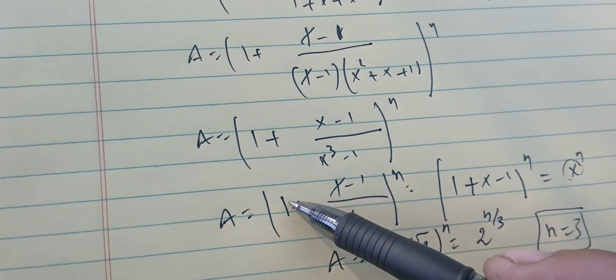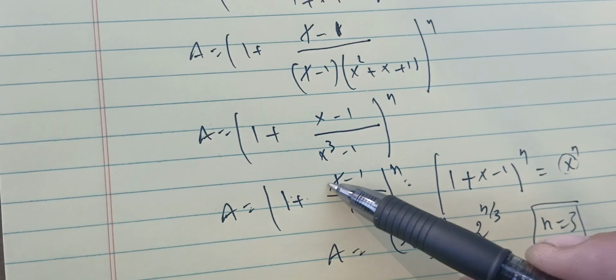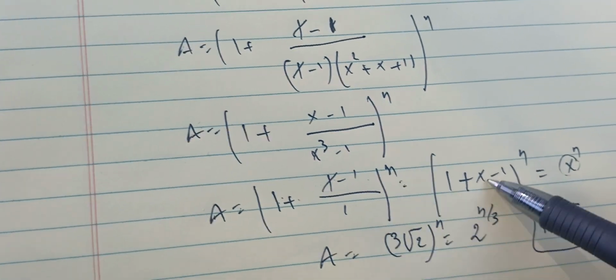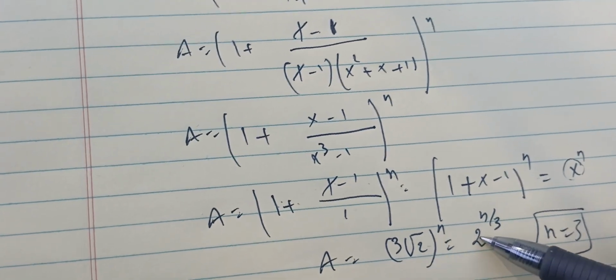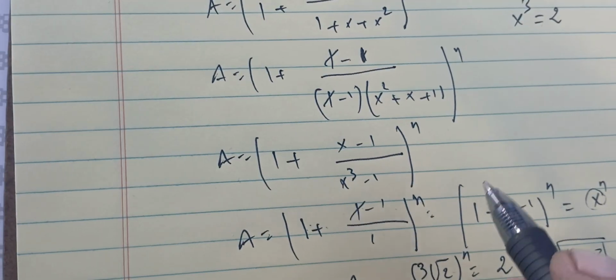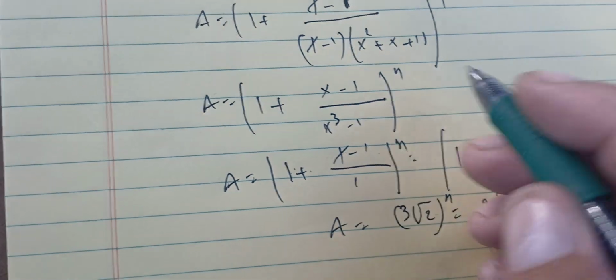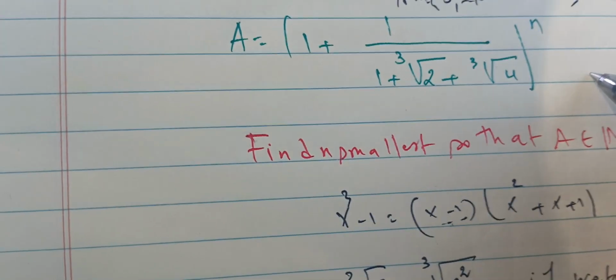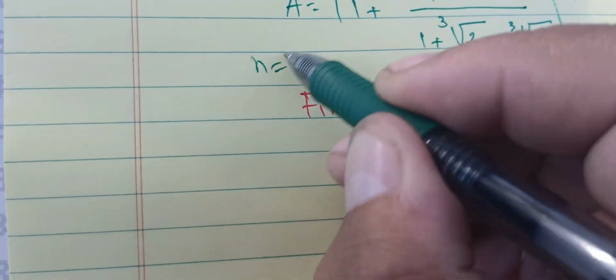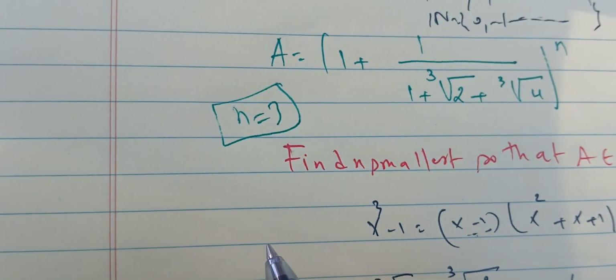Let me check that I didn't make any mistakes: 1 plus x minus 1 is x to the power n, so no mistakes. Using this technique, the smallest n is 3, not 0. This solves my problem.